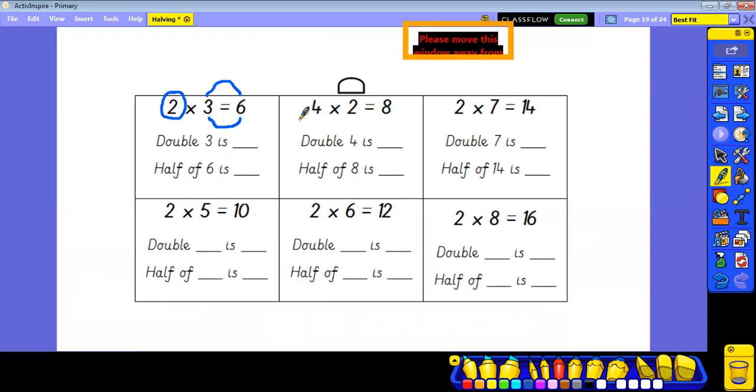And what I want you to do is just fill in these number sentences, or these sentence frames, underneath our multiplication equation, using that knowledge. So here, 2 is still a factor, it's just in a different place. So that shows us that double 4 is equal to 8, and half of 8 is equal to 4.